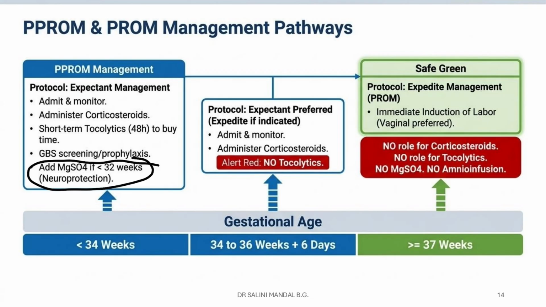What you need to remember is that after the 37th week, immediate induction of labor is supposed to be done. Okay, after 37 weeks, immediate induction of labor, vaginal delivery is probably done. But before 32 to 34 weeks, remember, magnesium sulfate is the protocol. Between 34 to 36 weeks plus 6 days, nothing, just admit and monitor. But usually they give corticosteroids.